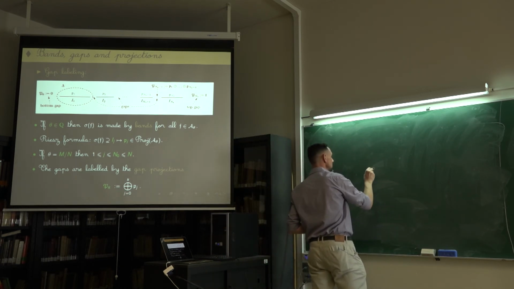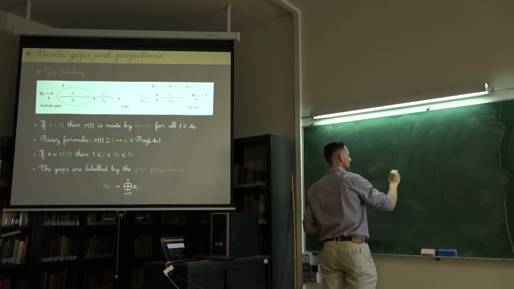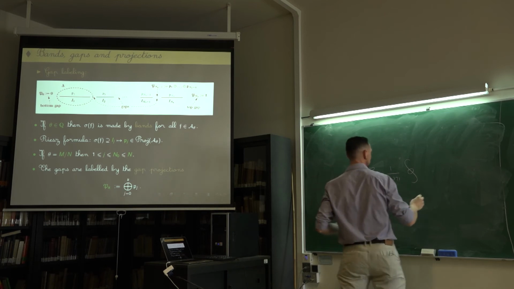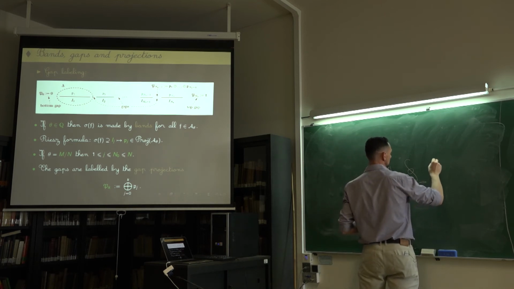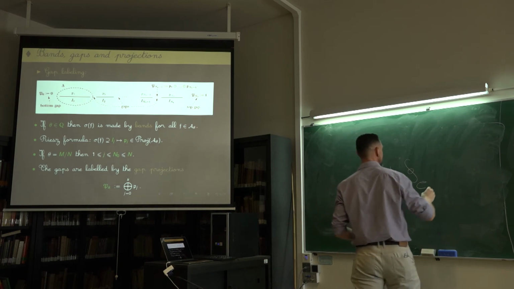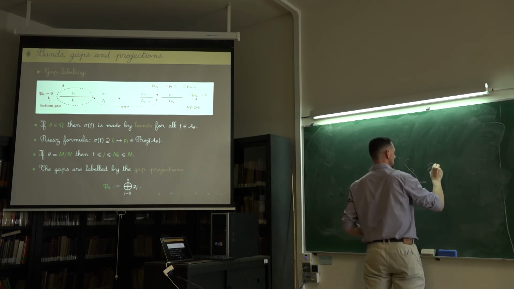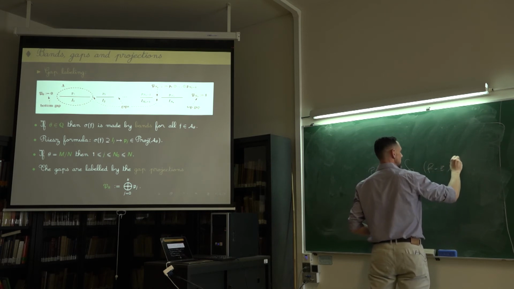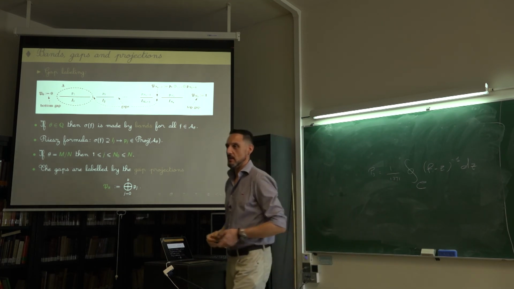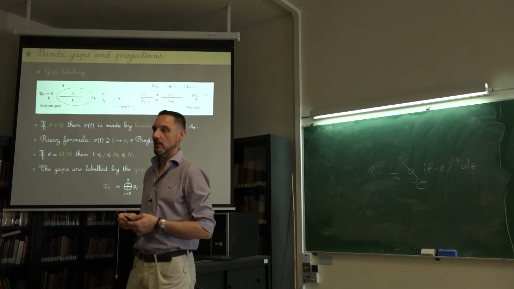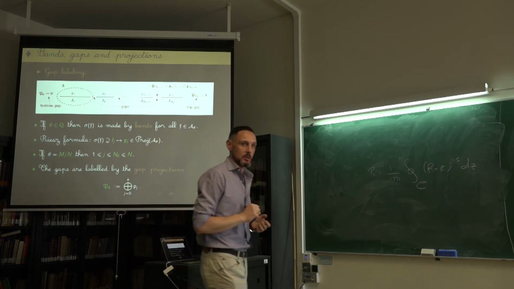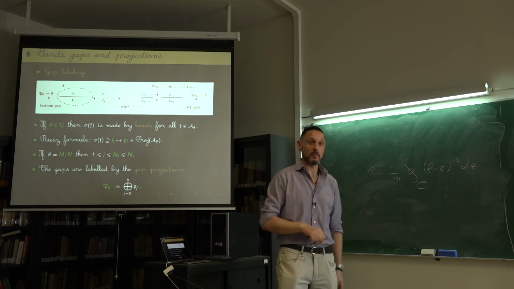The projection P_j is 1 over 2 pi i, the integral over the circle of, well, this is for the function f, in this case I have to write (f minus z) to the minus 1 in this z. This formula makes perfect sense in the context of any Banach algebra. My function can be a function in a Banach algebra, and I can use this formula. This defines a projection.